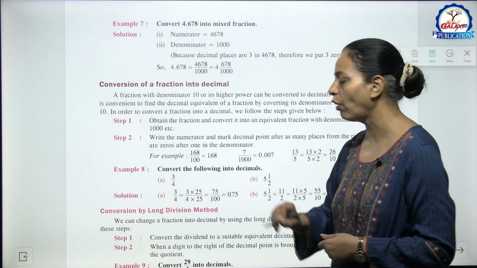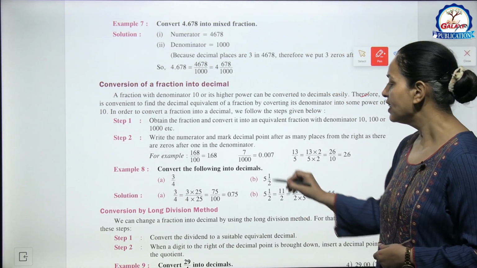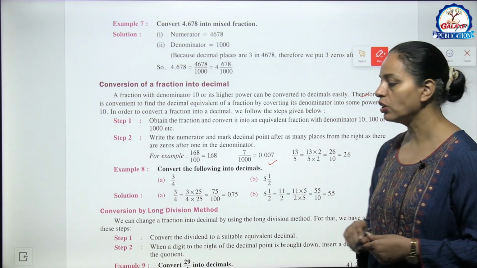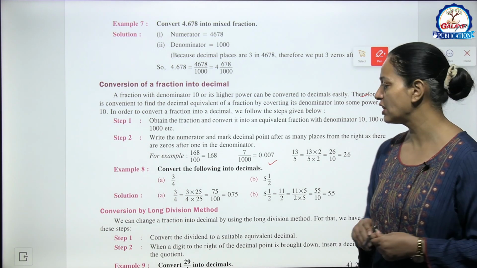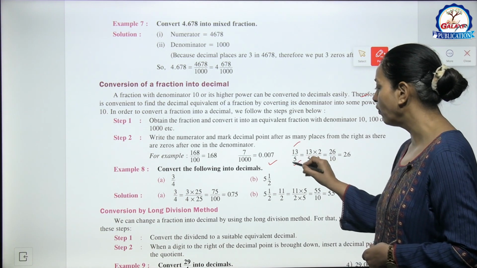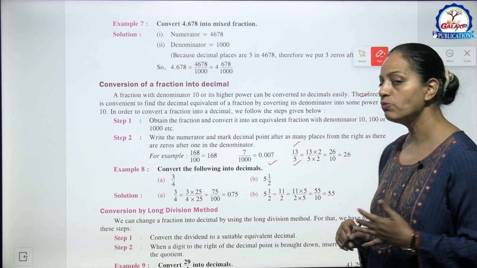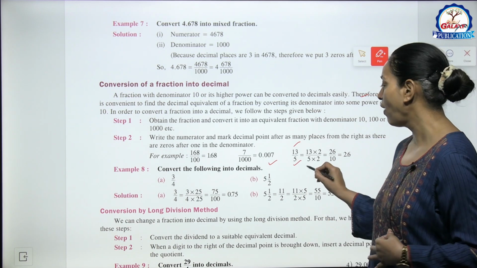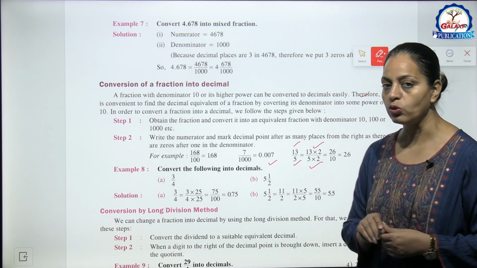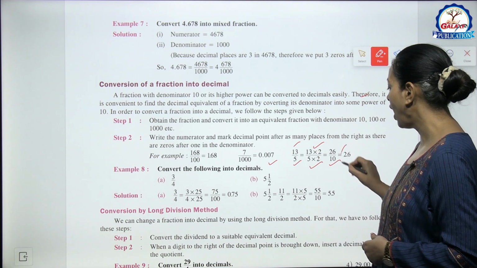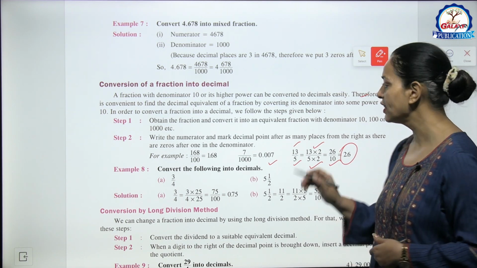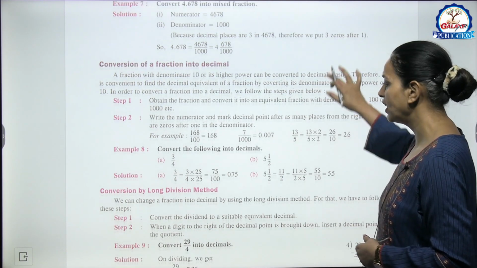So answer is 1.68. 7 upon 1000. So this is 0.007. 13 upon 5. अब यहाँ पर 10 या 100 या 1000 नहीं है तो 5 को हम चेंज कर सकते हैं 10 में. 5 2s, so 13 2s. So 26 upon 10, answer is 2.6. I hope this is clear to you.